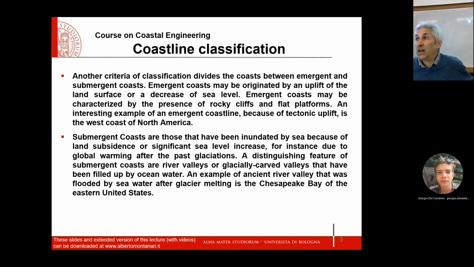And they are characterized in terms of forms by the presence of rocky cliffs and flat platforms, because you have to think at a morphology like the bottom of the sea. And the bottom of the sea indeed is characterized by flat platforms.